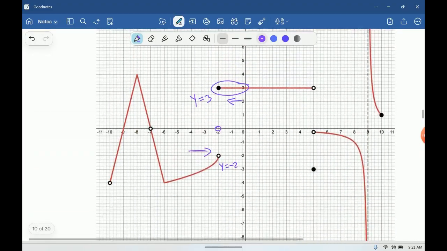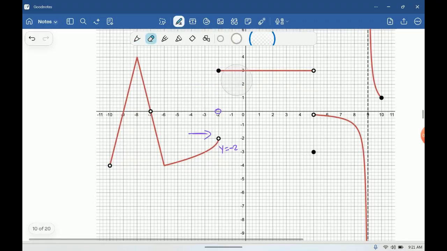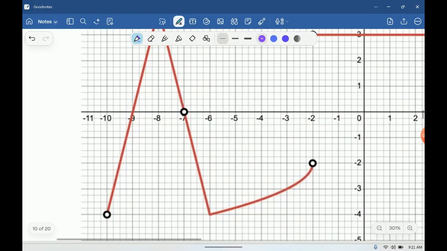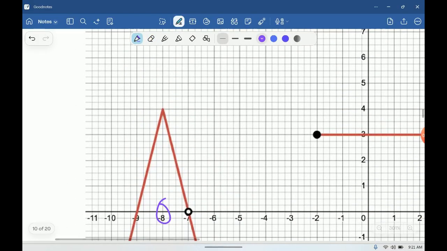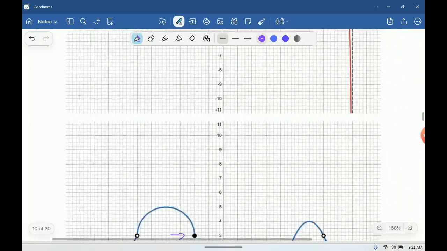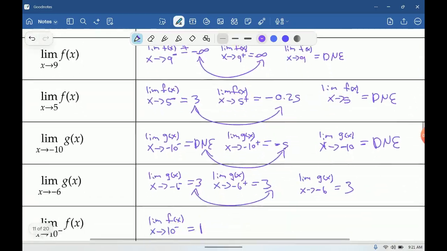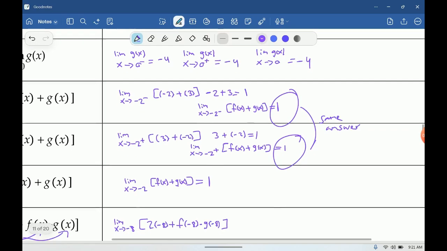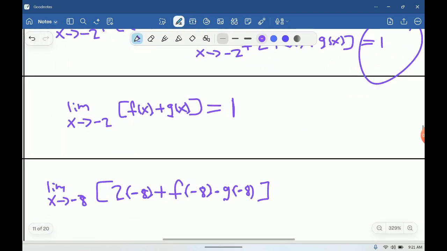We're going to go to our f. We're going to find -8, which is going to be right over here, and it happens that both limits meet at the same spot, which is y equals 4. So we would substitute that in. So it's going to be negative 16 plus 4.